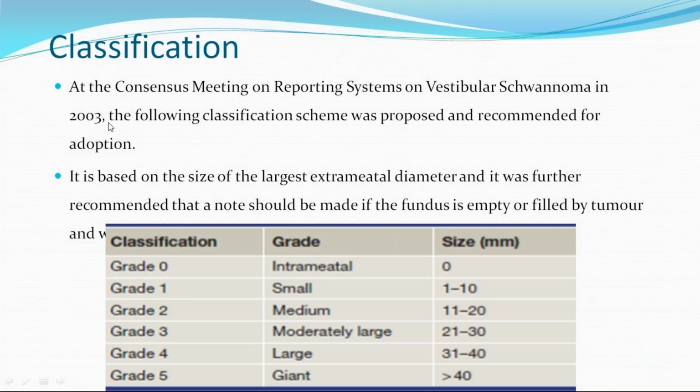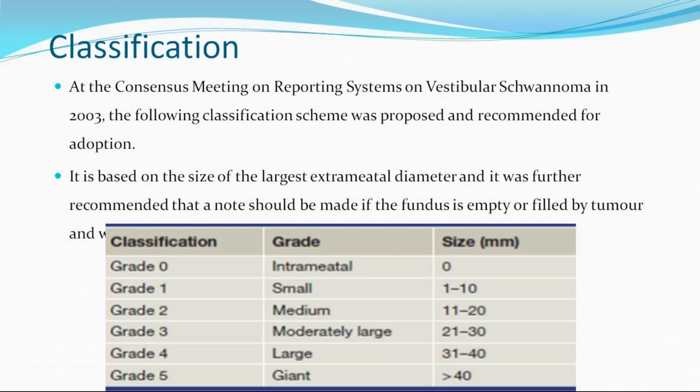So this is a classification of the size of the acoustic neuroma, based on the largest extrameatal diameter. It is further recommended that a note should be made if the fundus is empty or filled by tumor, or whether the tumor is solid or cystic in nature. The tumor can be of two types; I'll come to that.